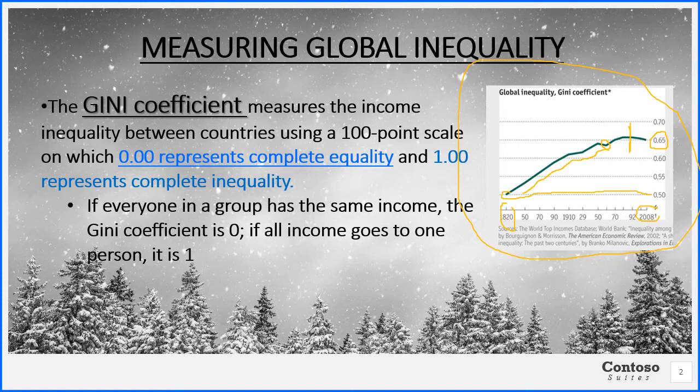Maybe over time things will go down a little bit. Basically, what you want to know is that 0 represents complete equality and 1 represents complete inequality. And this is a very common formula that's used when comparing different countries in terms of income.